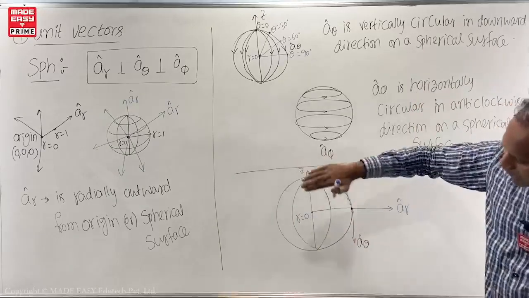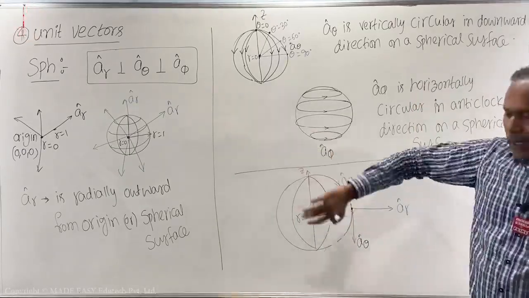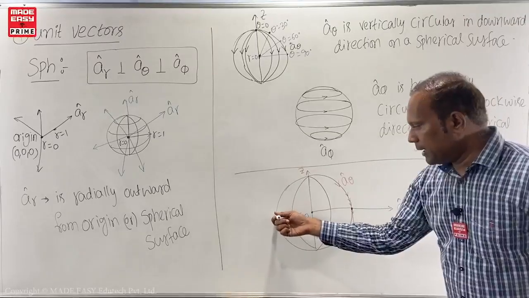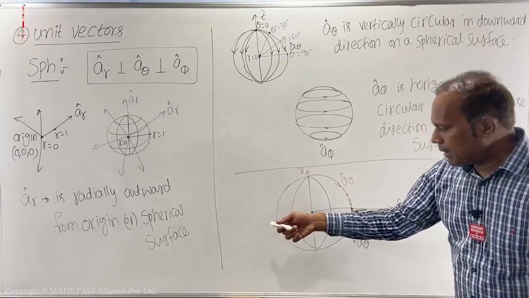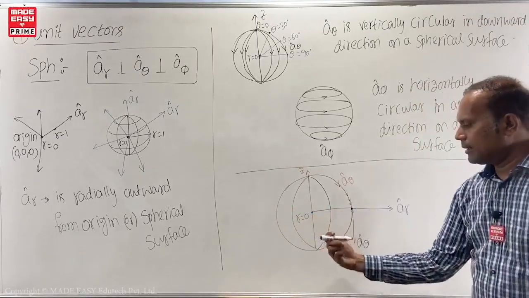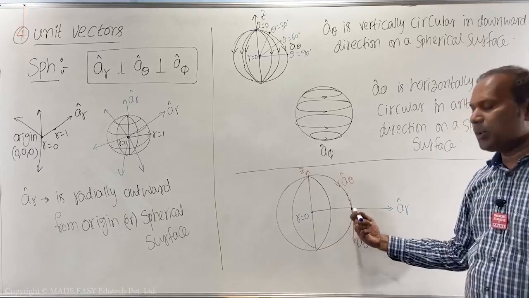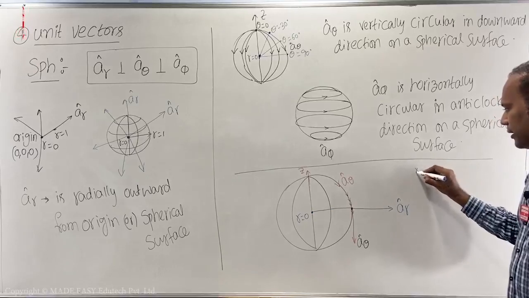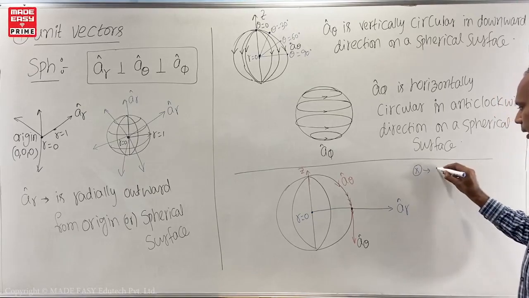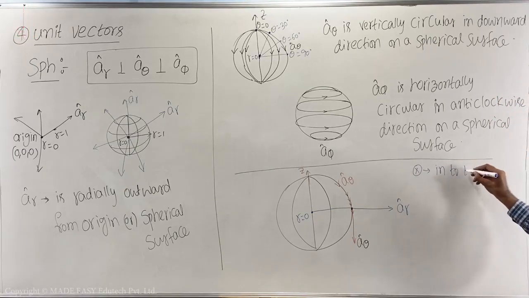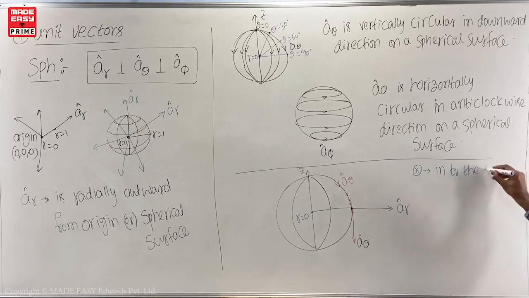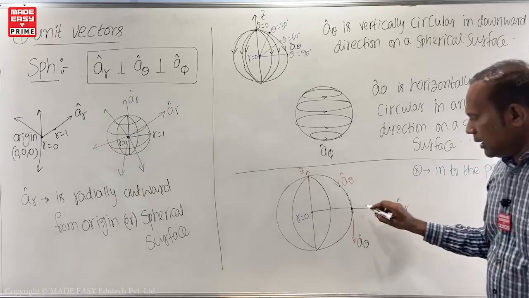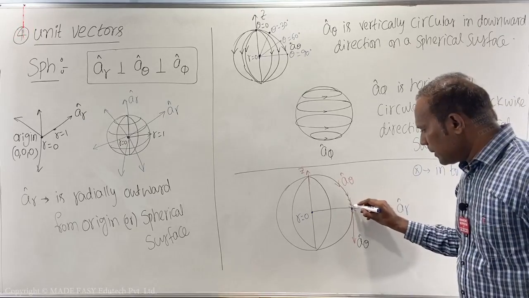Actually you have to imagine one sphere here. On that sphere, this is horizontal circle, like this, it goes and it enters into the board. So into the board means cross rotation. Cross symbol indicates into the page, otherwise board. So here into the board, that means cross.